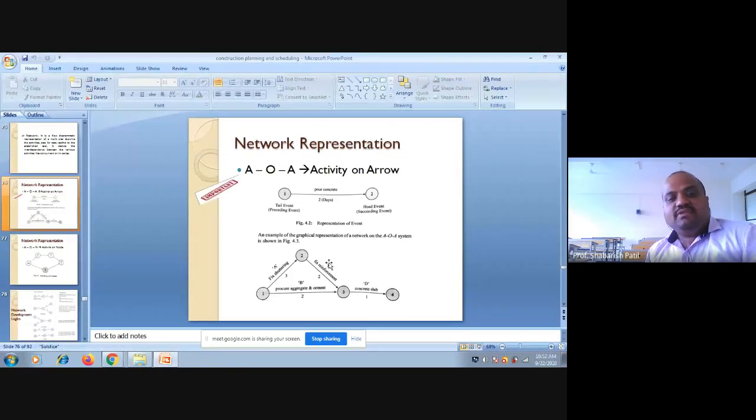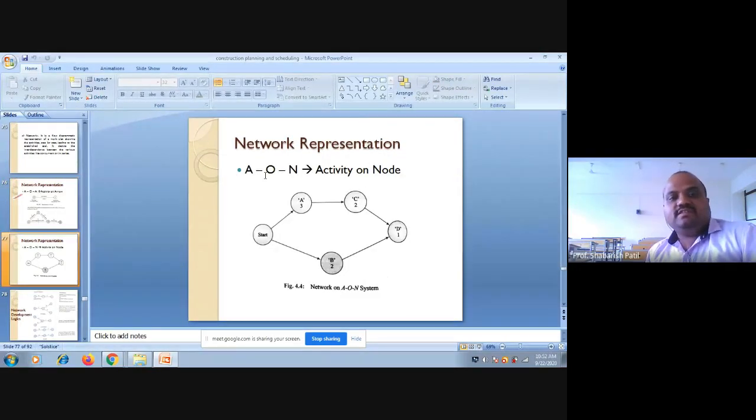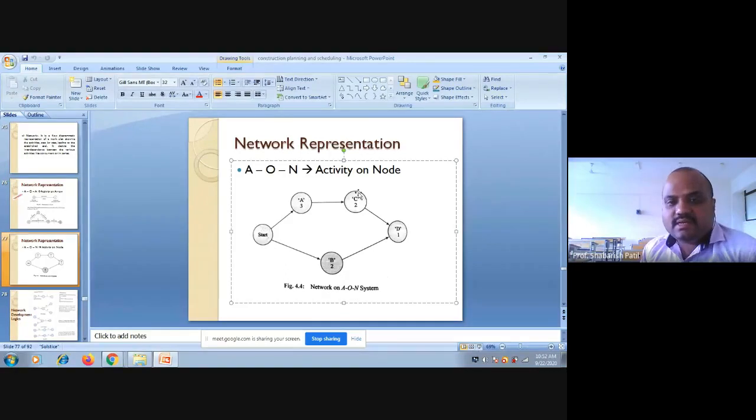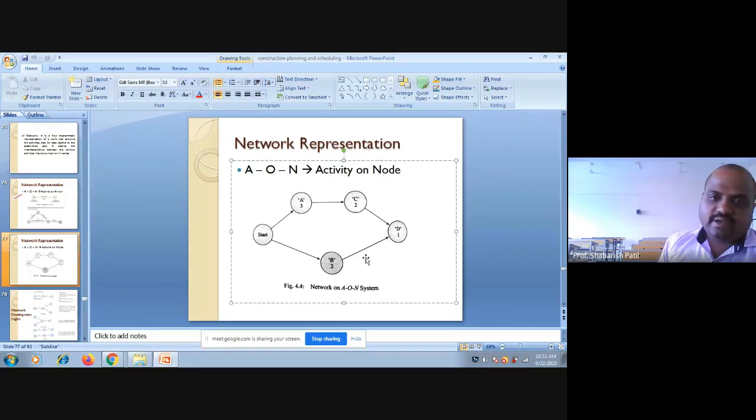There is another way of representing this activity. It is called activity on nodes. N stands for nodes. So these circles are nothing but the nodes, and here we represent our activities. We don't represent anything on the arrows here. Arrows will only guide you as interdependencies, but activities are represented on the nodes.